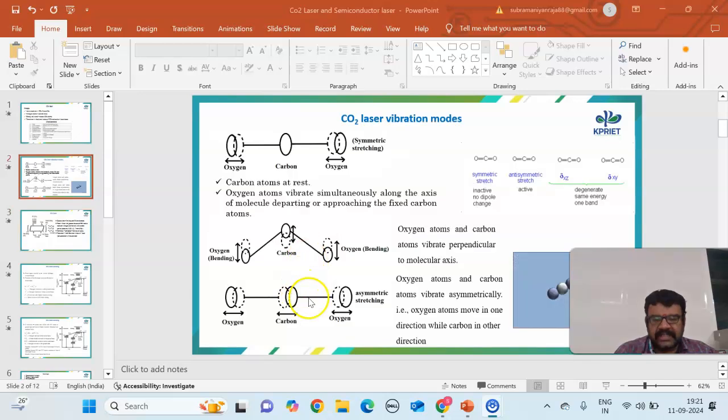In the asymmetric stretching mode, the atoms vibrate asymmetrically. That means the oxygen atoms move in one direction while carbon moves in the other direction. The direction of movement is indicated by the arrow mark in all three cases. These are the possible vibration modes available in the carbon dioxide laser.